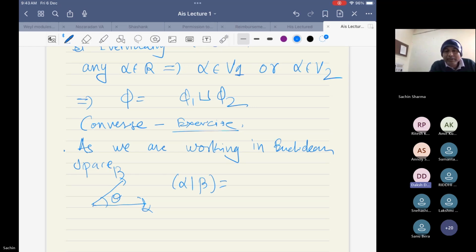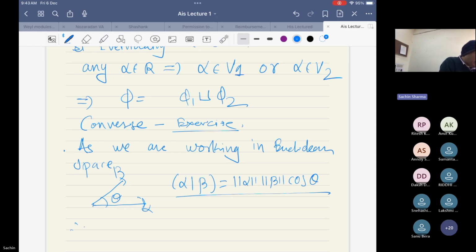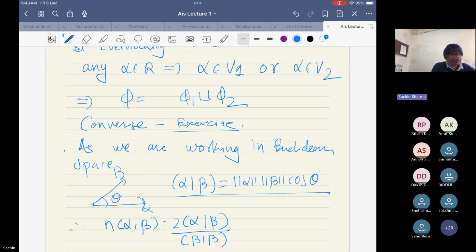Norm alpha, norm beta, cos theta, isn't it? That's how you write it. Yeah, this is the usual Euclidean thing. Now, let us define a term n_alpha,beta, which is nothing but twice (alpha, beta) over (beta, beta). Okay, this is my definition.